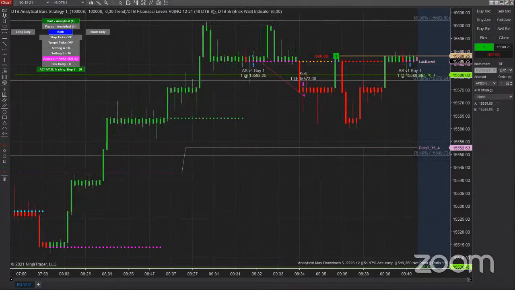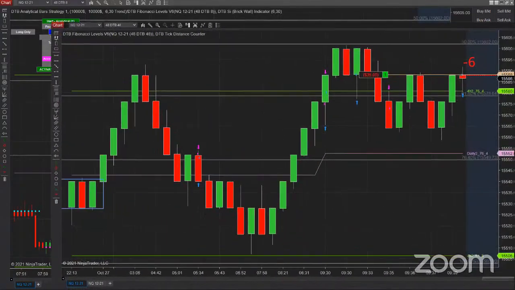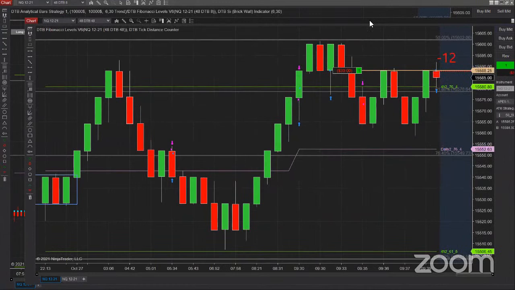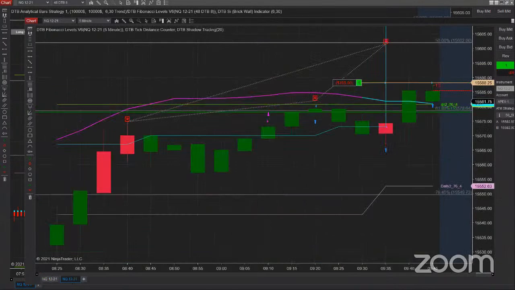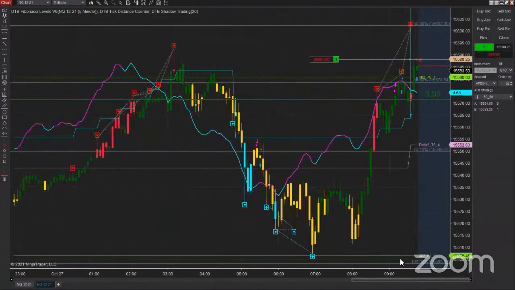Okay, so we're in a long now. Looking at the last 5-minute chart, that's a 48 bar chart. Let's just see if it can show us anything over here.